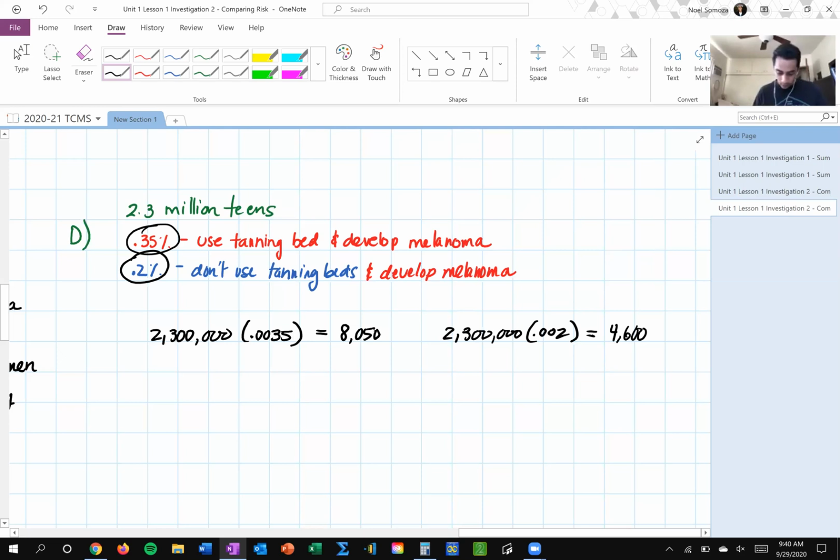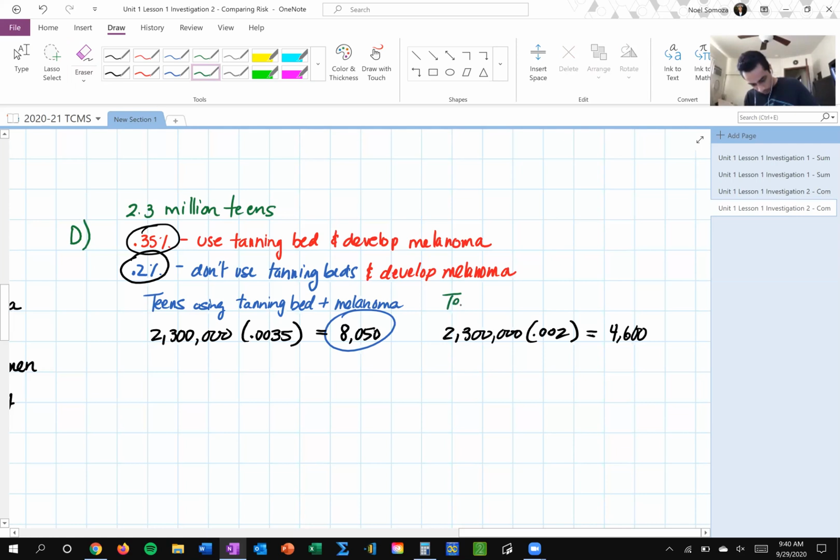Okay. So here are teens using tanning beds and getting melanoma. That's my value. Here are teens not using the tanning beds.